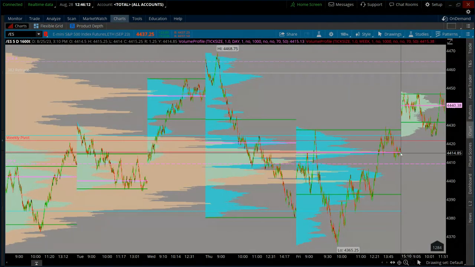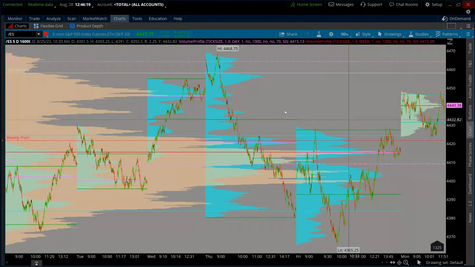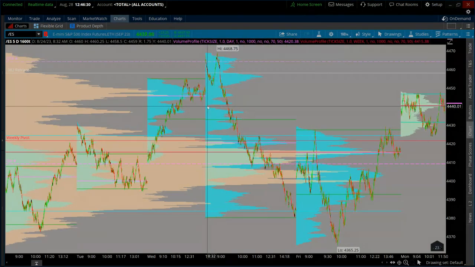But you're going to see it, not exactly the same, okay? But you're going to see it in this histogram in the way of what I would then call a low volume node, LVN, or area, LVA for area, whatever you want to call it.